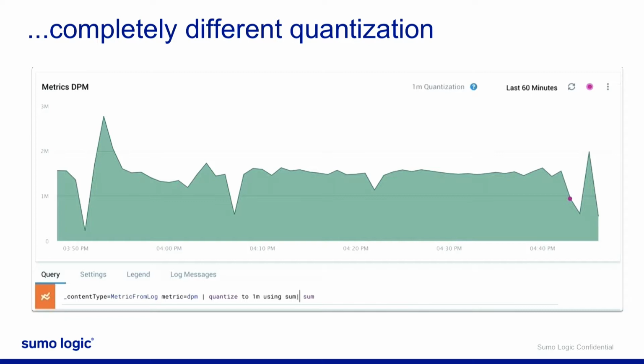So a quantization level of something like 10 seconds is not going to be very nice, because we're going to have a lot of noise coming just from the fact that the different nodes that are producing this metric might be producing it in different periods of time. So if we aggregate it over slightly longer periods of time, we're going to see that the metric itself smooths, and we actually have the correct data drawn on the chart.